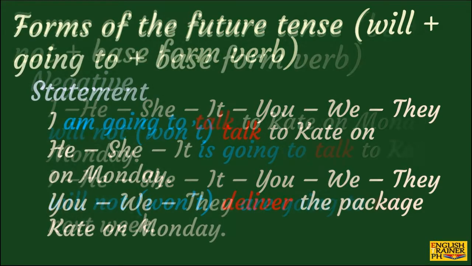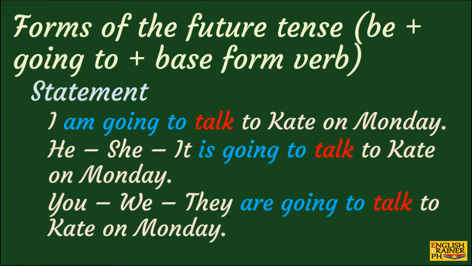Another way of forming the simple future tense is by adding a form of be plus going to plus a base verb. So in the example, I am going to talk to Kate on Monday.